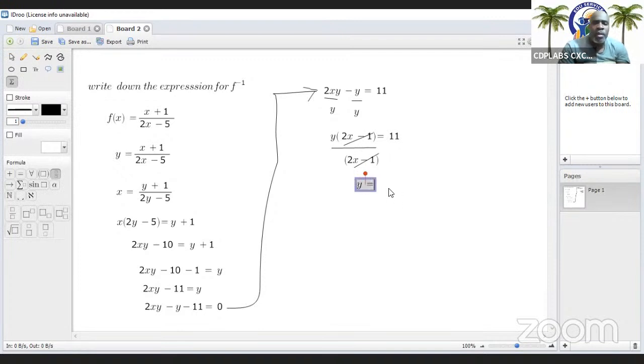What we do on one side, we do on both sides. So the 11 now, as she rightly said, over 2x minus 1. See there? Boom, bang. Got it?